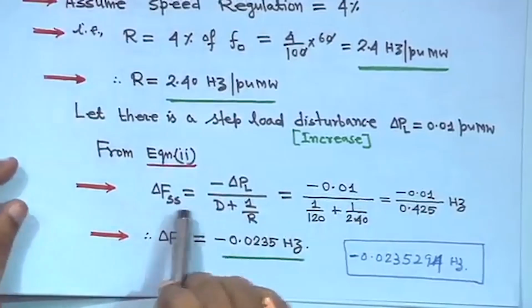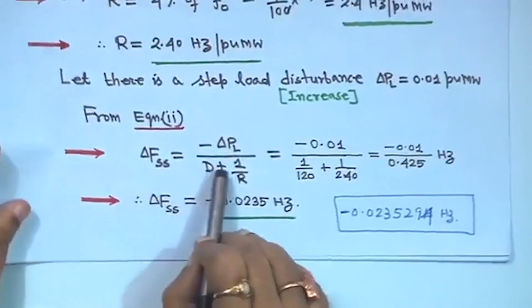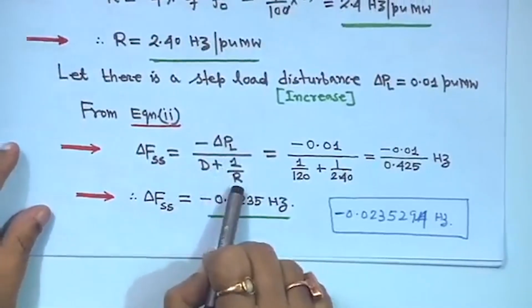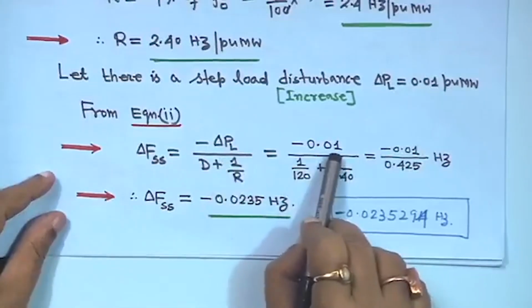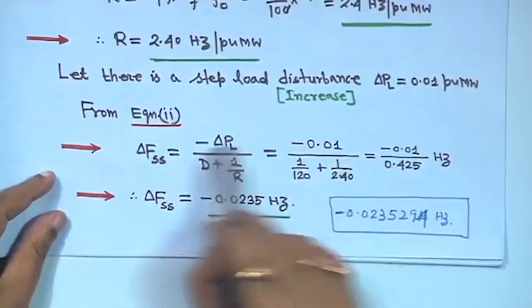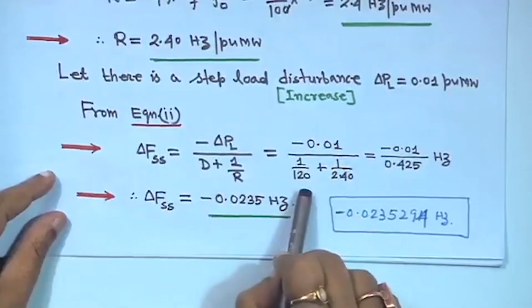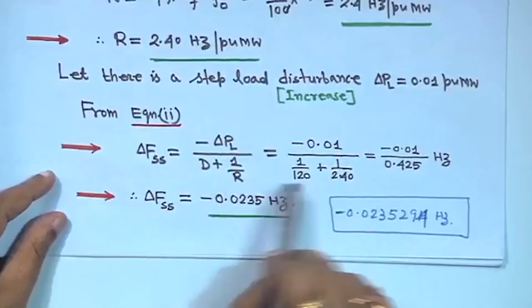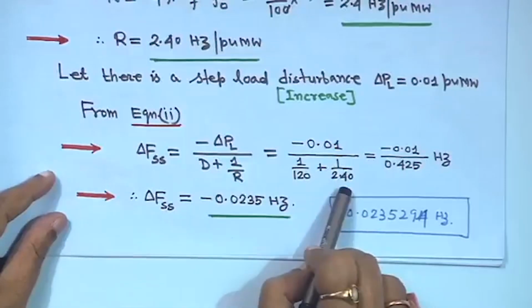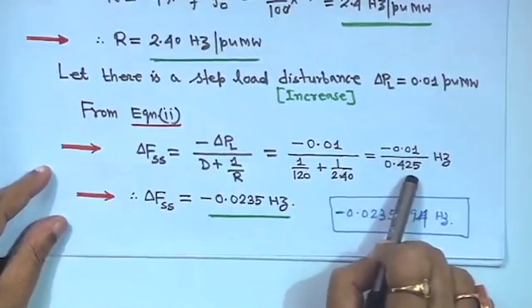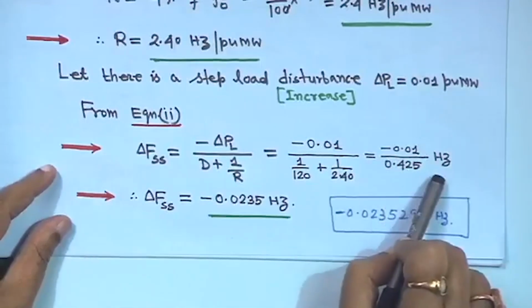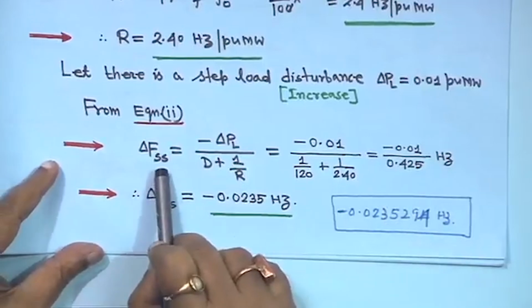Now, from equation 2 we got delta FSS is equal to minus delta PL upon D plus 1 upon R. So, put all these values. Delta PL we have taken 0.01. So, minus 0.01 because of this minus, then D is equal to 1 upon 120 and R is equal to 2.4, so plus 1 upon 2.4. So, this will become minus 0.01 upon 0.425 hertz, but delta FSS is always in hertz.